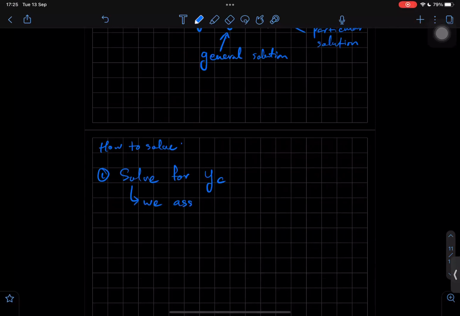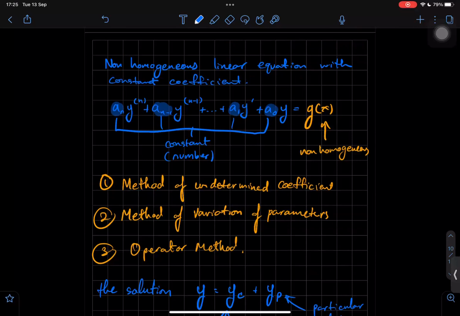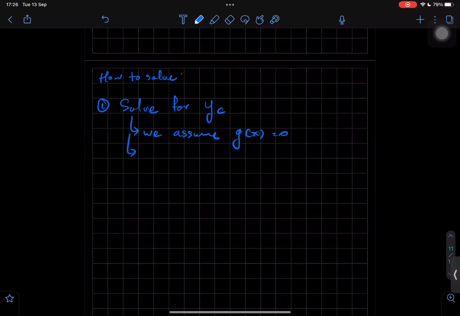We assume g of x equal to 0. When we assume that g of x is 0, our ODE becomes a homogeneous linear equation with constant coefficients, which we can solve, and then you get the answer called yc.